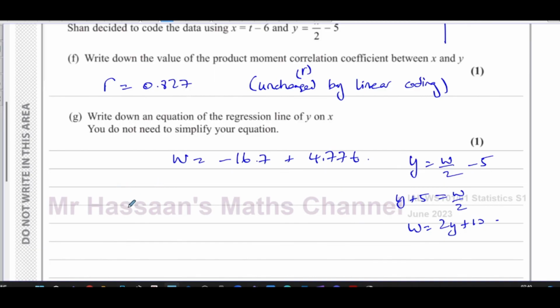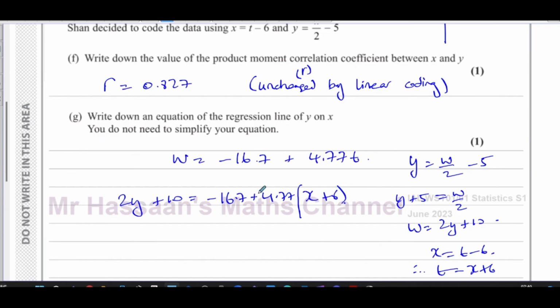So the w can be replaced by 2y plus 10 equals minus 16.7 plus 4.77 times t. Now we know that x is equal to t minus 6. Therefore, we can say t is equal to x plus 6. So I can just replace t with x plus 6.